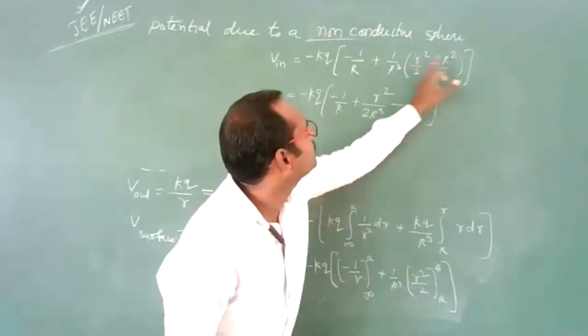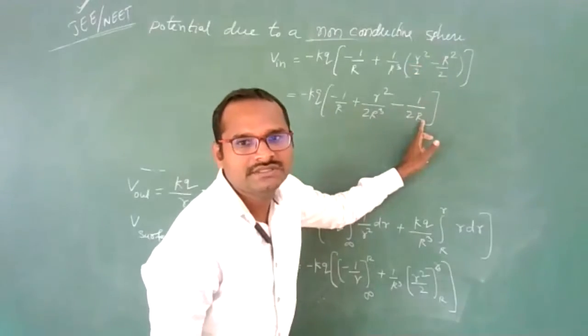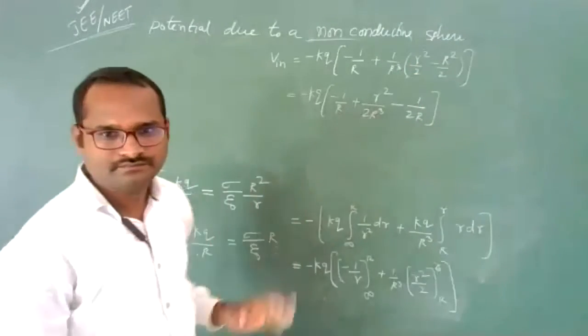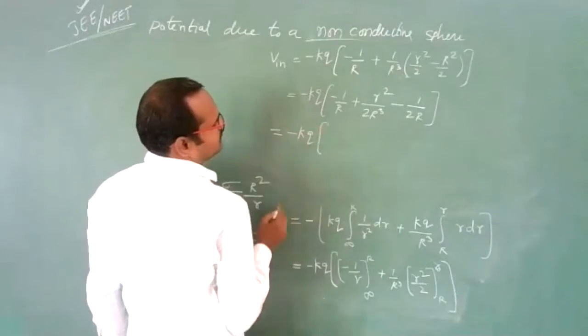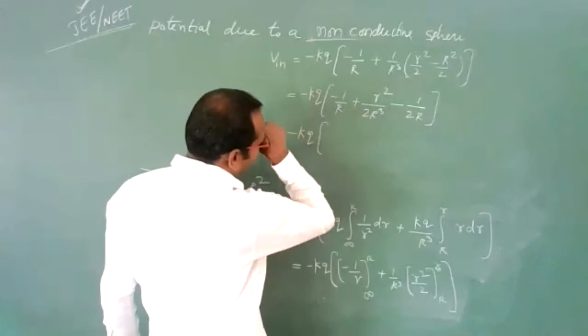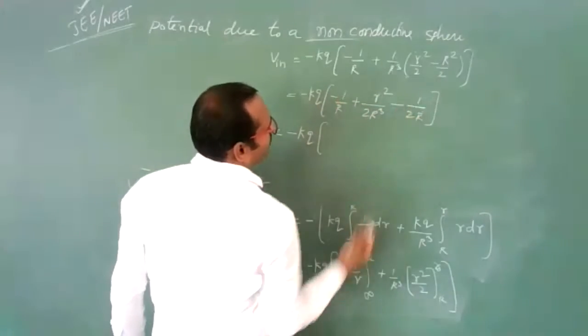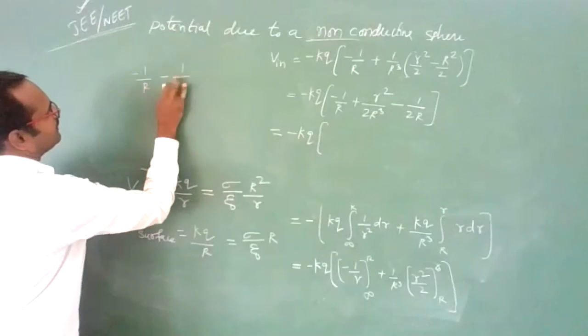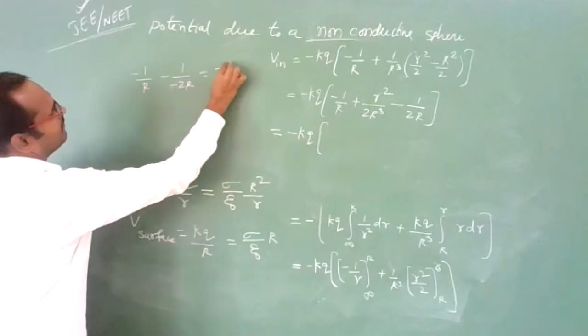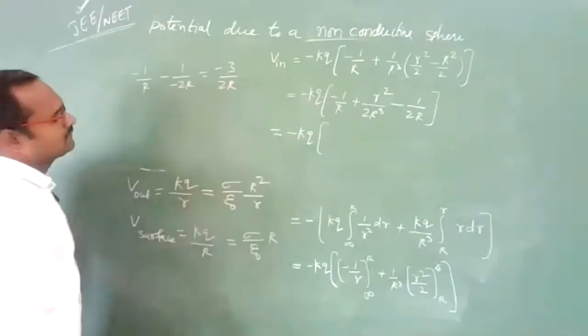You will get r square, r cube cancels, and 1 r will be here. Here, however, r cube will be there. Yes, you will get minus KQ into, students, you can write it as minus 1 by r minus 1 by 2r. What will be the answer? Minus 3 by 2r, correct?